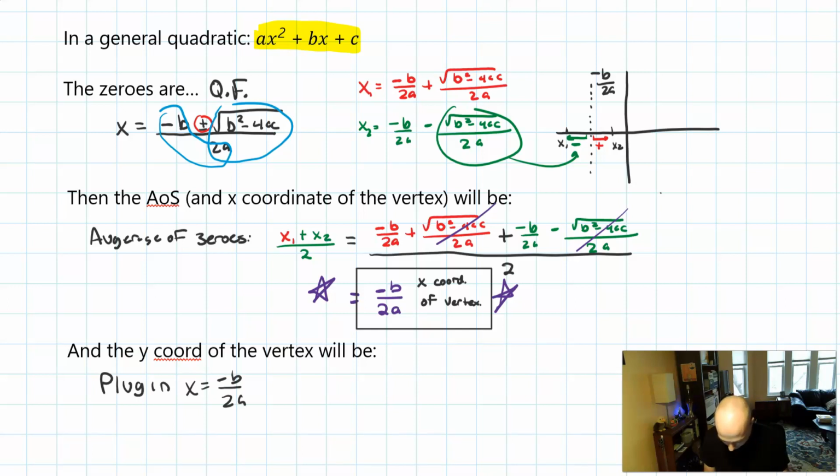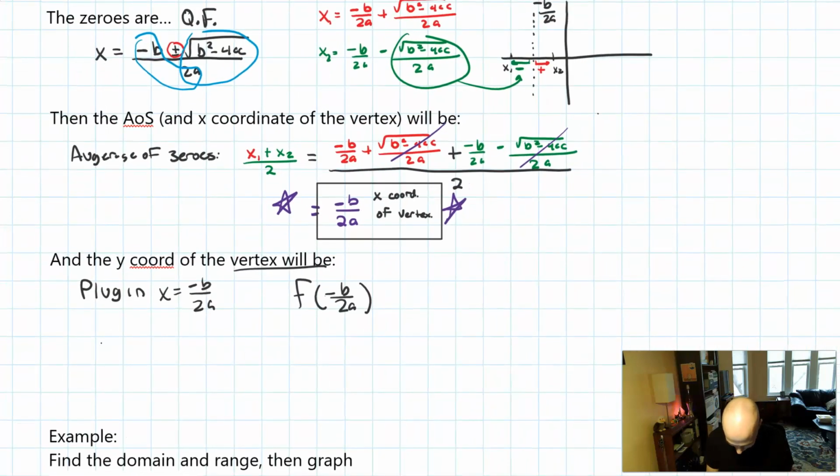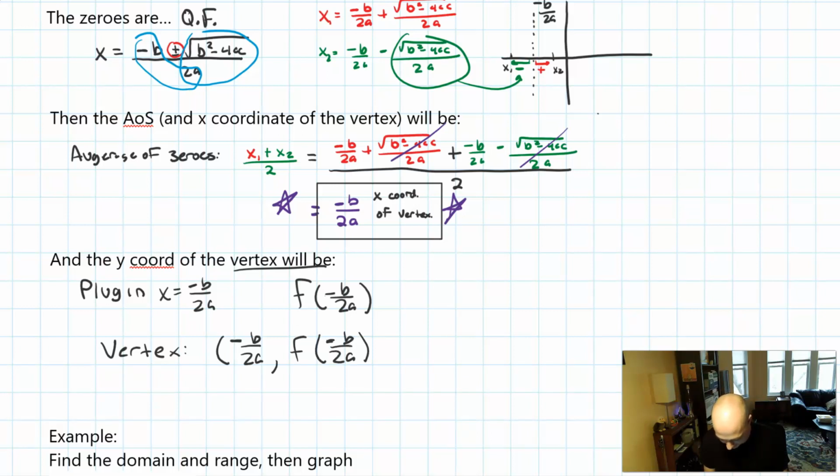And so the y-coordinate of the vertex we just write as f of negative b over 2a. So in general, the vertex is given by negative b over 2a for the x-coordinate, and then f of negative b over 2a, plugged in, for the y-coordinate.